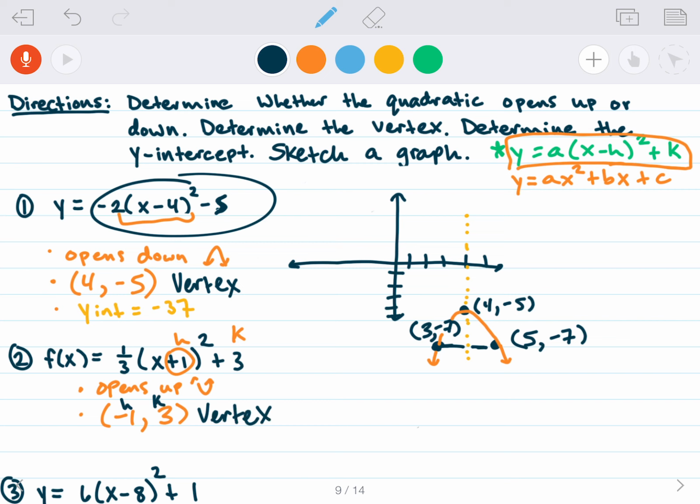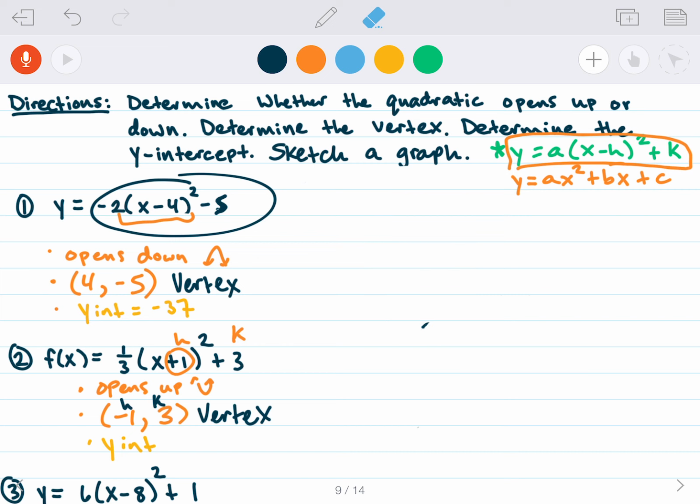And our y-intercept, I'm going to do this the easy way. Actually, I'm going to erase this graph over here just so we have some more room to work with. Remember that the y-intercept occurs when x is 0. So if I plug in 0 into my function for x, I get this.